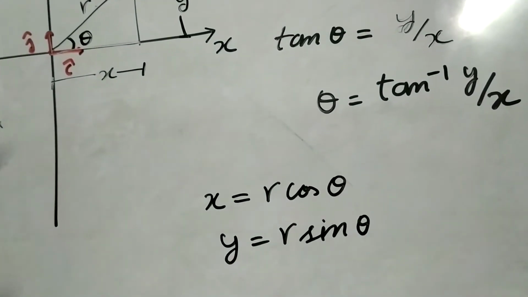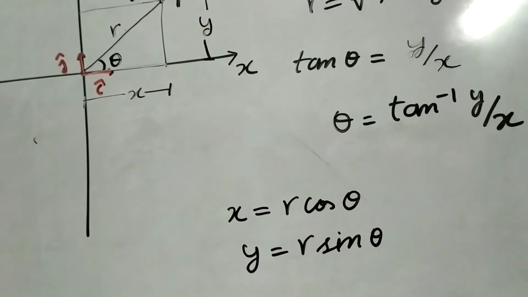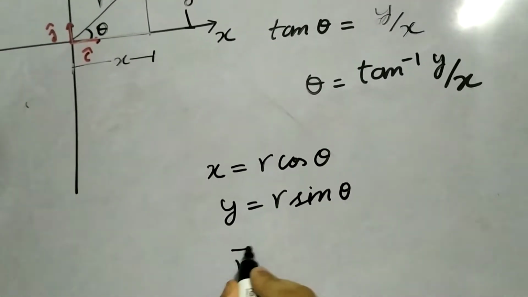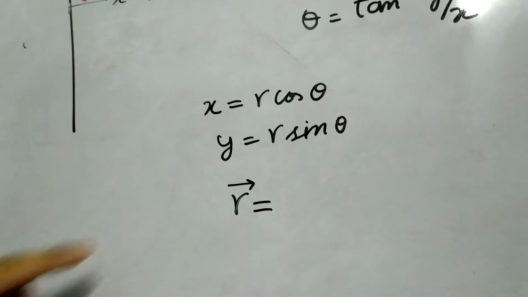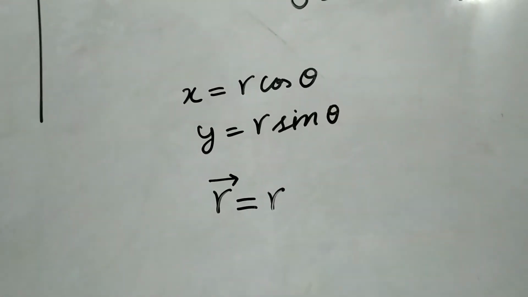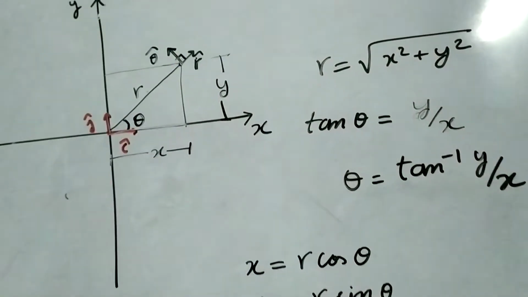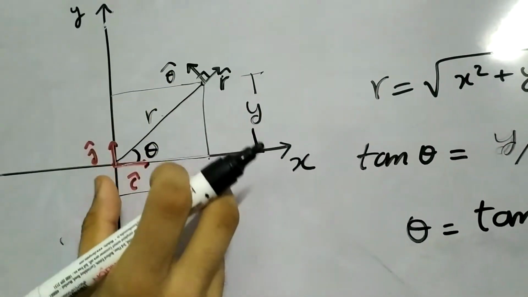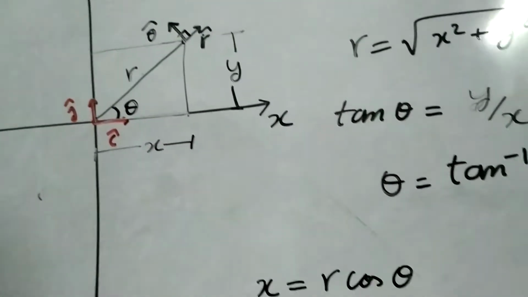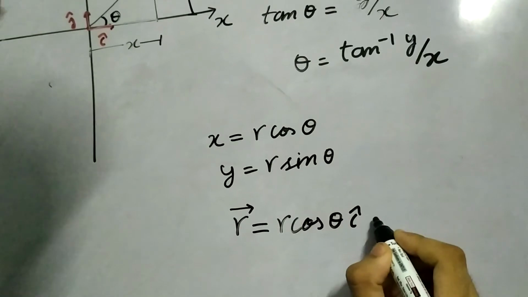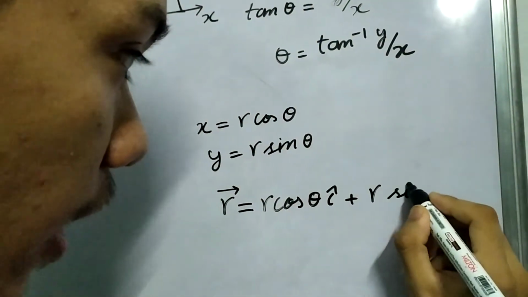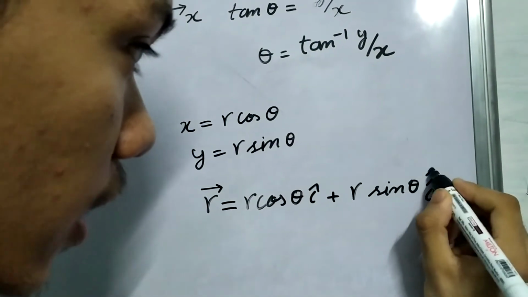And if you want to write it in vector format, we'll have the r vector, using the same vector decomposition which we studied earlier: r cos theta in the i cap direction plus r sin theta j cap.